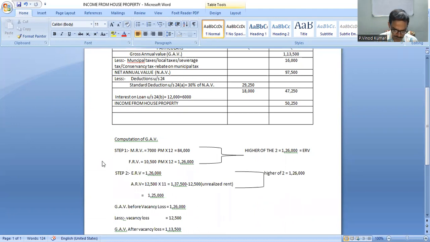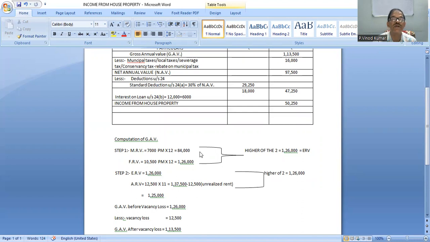Step 1. You have to compare the municipal rental value and the fair rental value. The municipal rental value is given in the problem as 7,000 per month, and you convert into yearly, you will get 84,000. Now fair rental value means rent of similar house. He has given 10,500 per month.